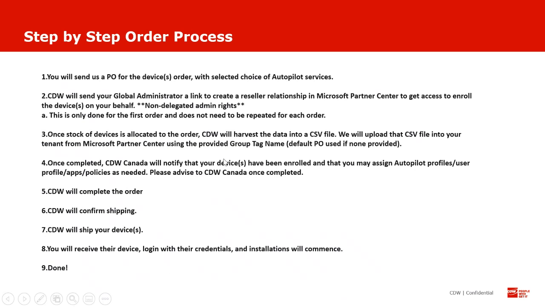This is the step-by-step order process. I'm not going to go through all of this, but I can send this to you when we have conversations. If you reach out to me, I can provide you with the full guide. As well, I share this with the AM, so they will share this information with you as far as what's required on your end.